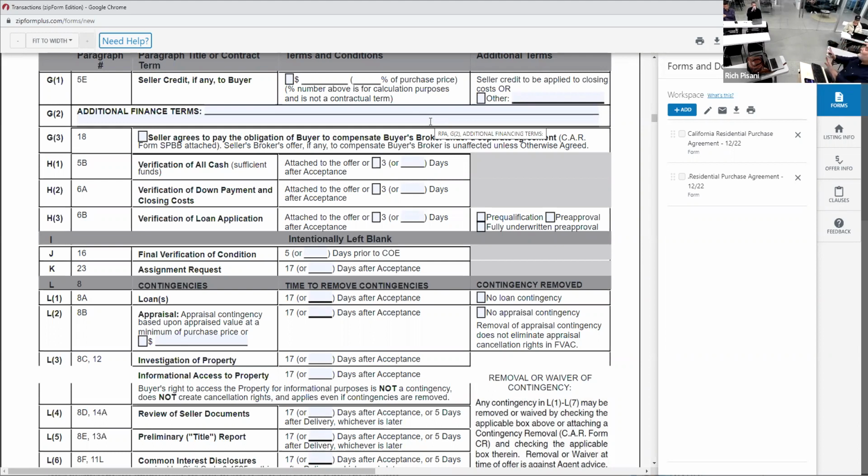Buyer's paying me 3%, you're paying me 2.5%. Seller, will you pay me the additional 0.5%? So that's what this is about, and that's only when this is used.